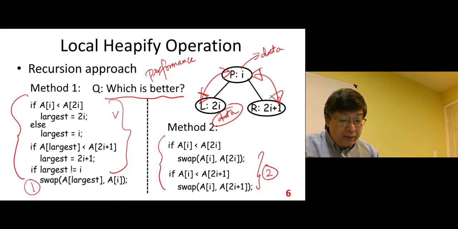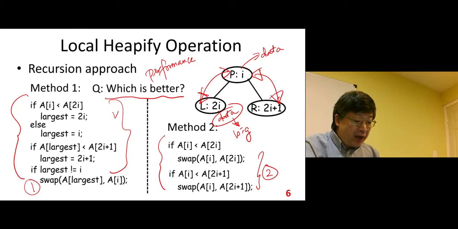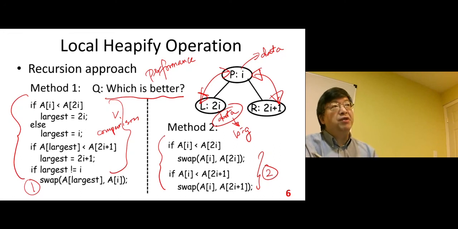If the data size is pretty big, then your copy operation is very expensive, much more expensive than simple comparisons. Comparisons are very simple and not very expensive, but a large data copy is very expensive.